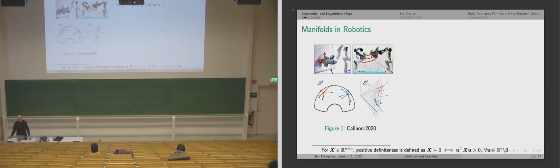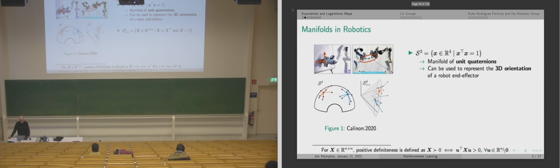So the hypersphere of dimension 3 is the set of vectors of dimension 4 whose dot product is 1. It's isomorphic to the manifold of unit quaternions, and can be used to represent 3D orientation, like that of the robot end effector.